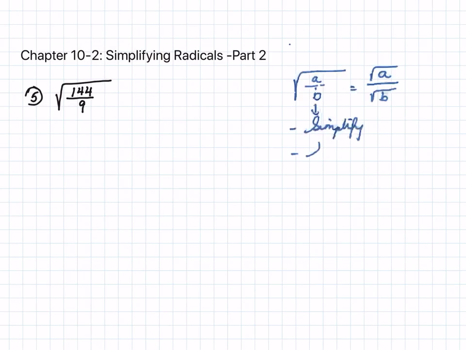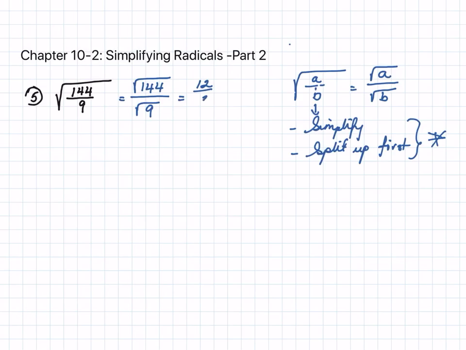So it depends on the problem given to you. In this case, I cannot simplify it first because 144 divided by 9 will give me a decimal, and I don't want that. So I want to split it up. 144 is a perfect square, and 9 is a perfect square. I can simplify as 12 over 3.